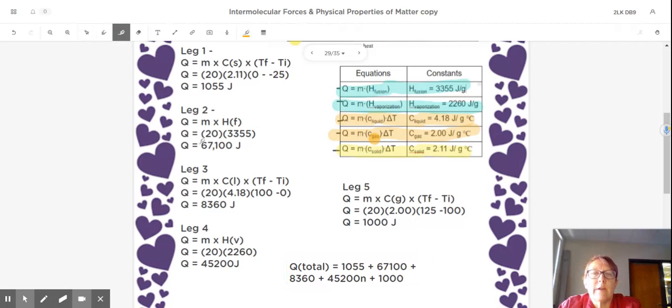Now, I want you to notice a couple of things before we do this final calculation. Notice that we've got a couple of really big numbers. We've got 67,000 and 45,000. The one thing I want you to notice here is that all of these energies are different.